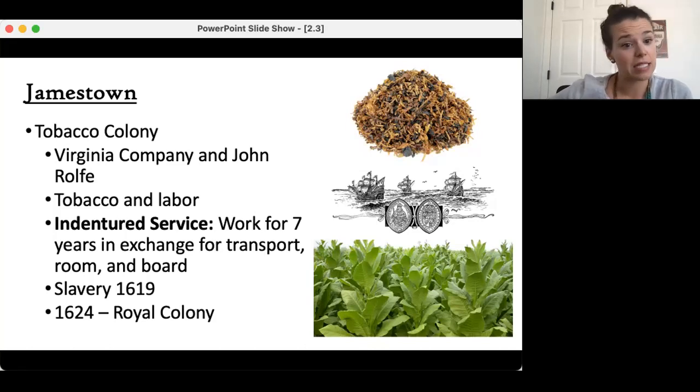They quickly realize indentured servitude is not providing us enough labor. So in 1619, our first African slaves arrive in the British colonies. By 1624, even though King James, not a fan of tobacco, decides that the profit is too great and converts Jamestown to a royal colony.